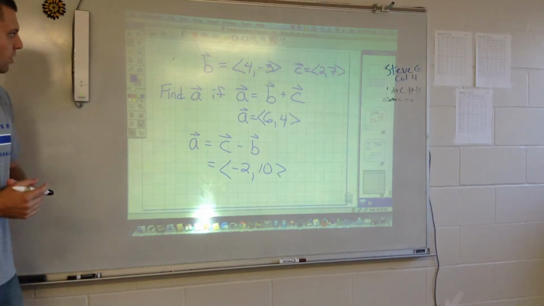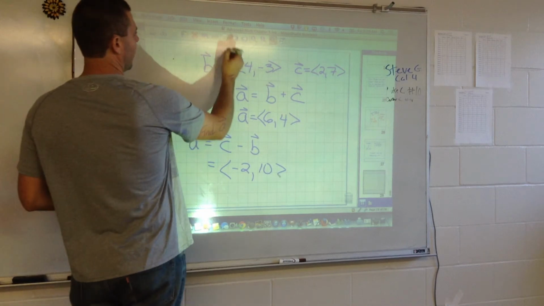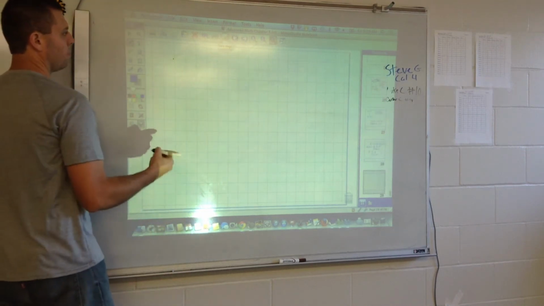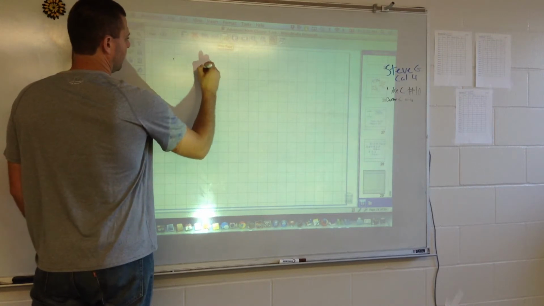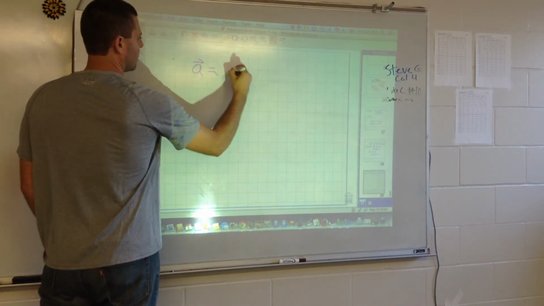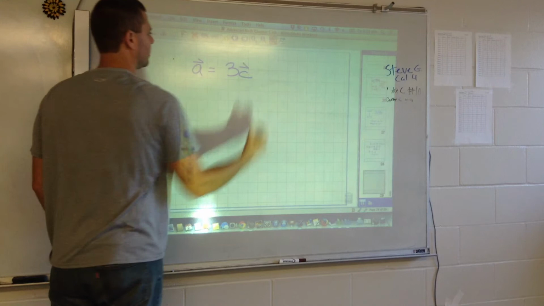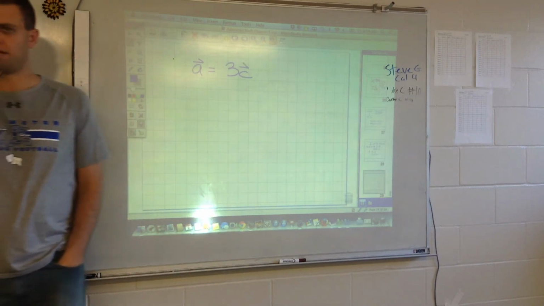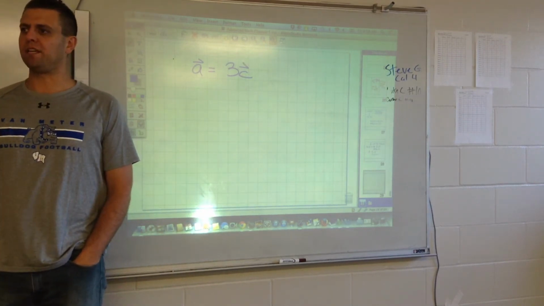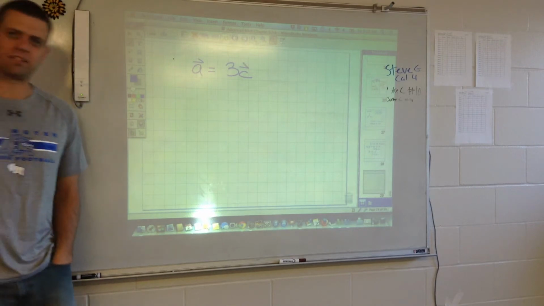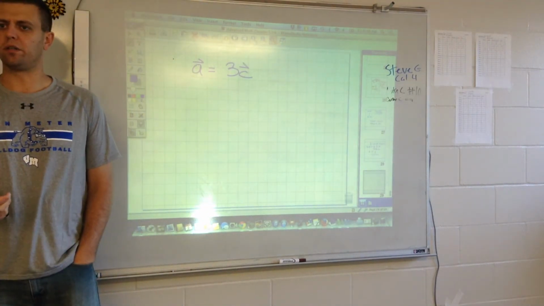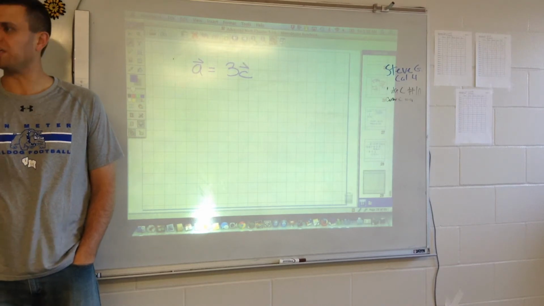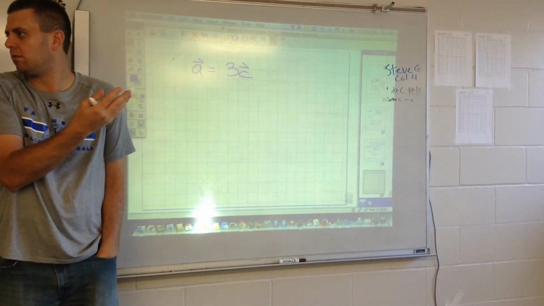Okay. So, one last thing, scalar multiplication, goes along with those same things. If I said, let vector A equal 3 times vector C, all that means is you've essentially drawn vector C 3 straight times, or in other words, it's 3 times as long.